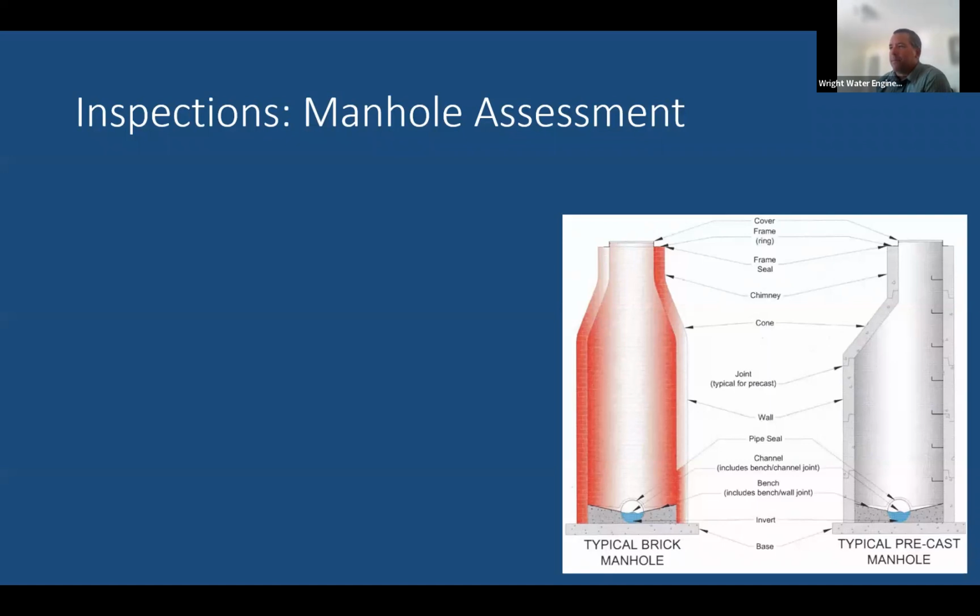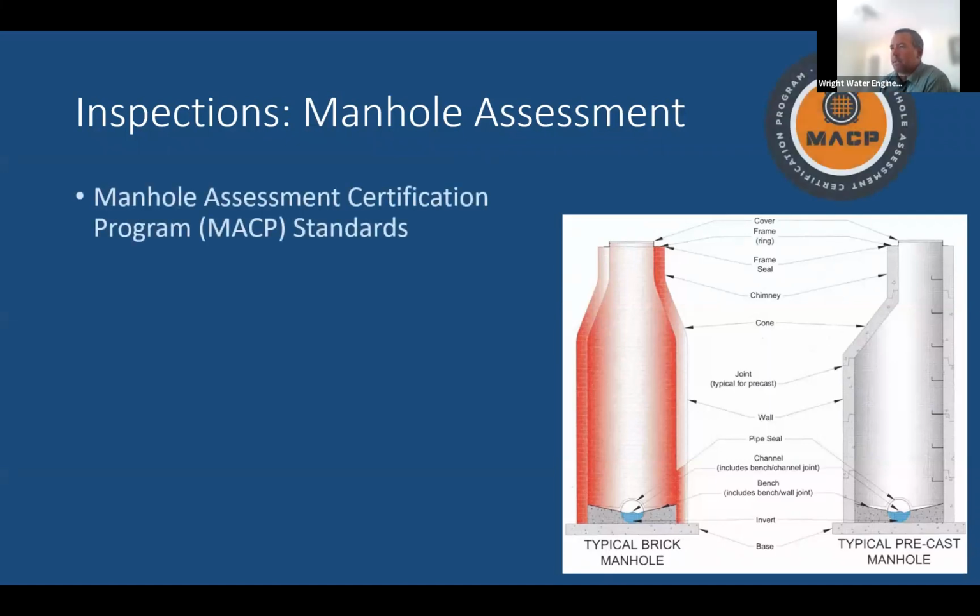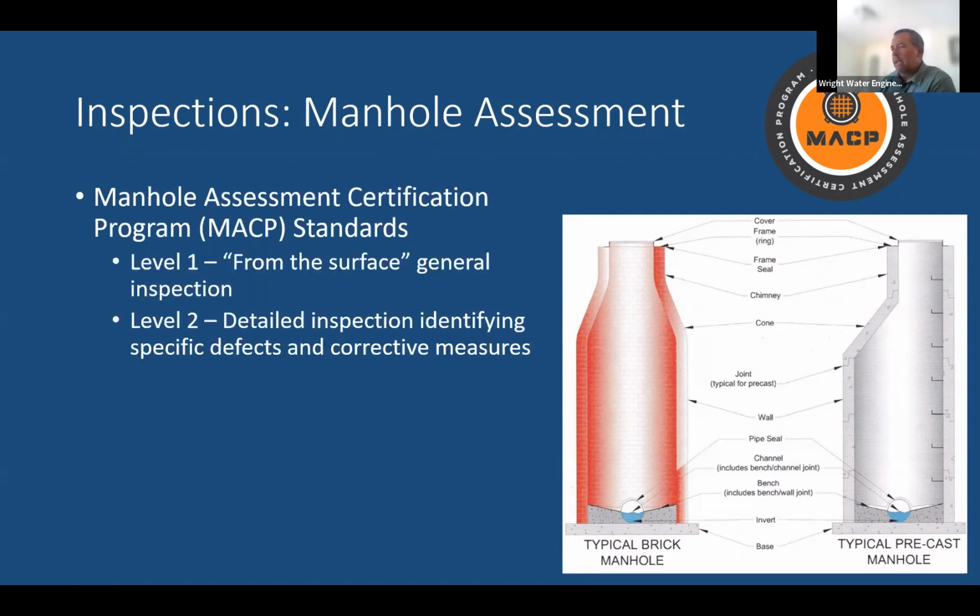At the same time, for manholes, for example, there's a similar protocol. This is the Manhole Assessment Certification Program, or MACP. Again, just a set of standards that can be followed so that you're rating each of your assets, each of your manholes, according to a quantifiable scale. And there's really two different levels of MACP.